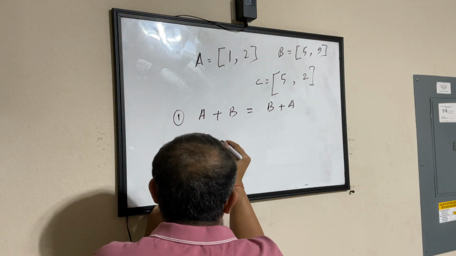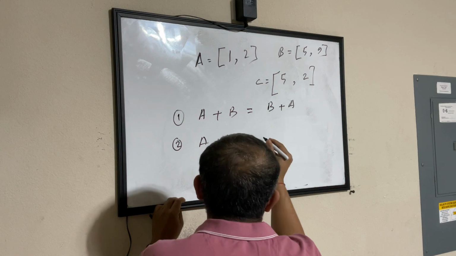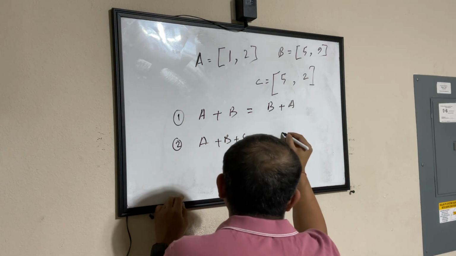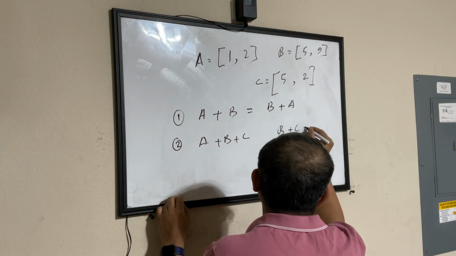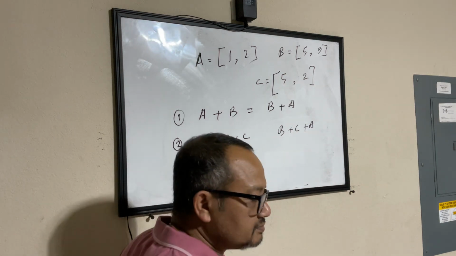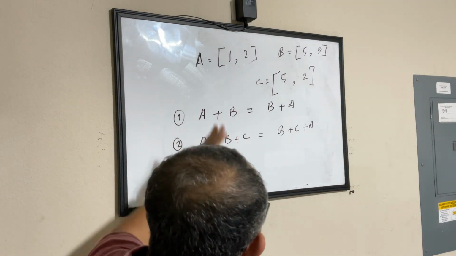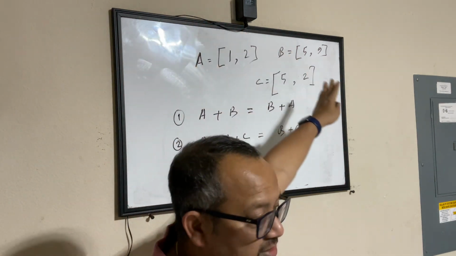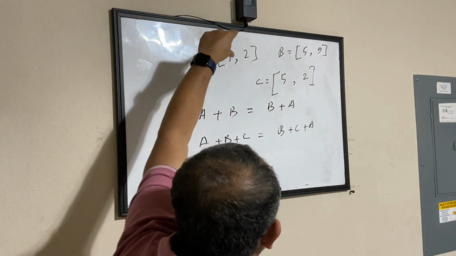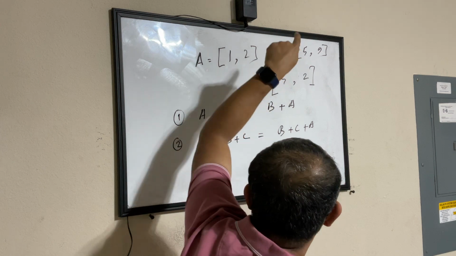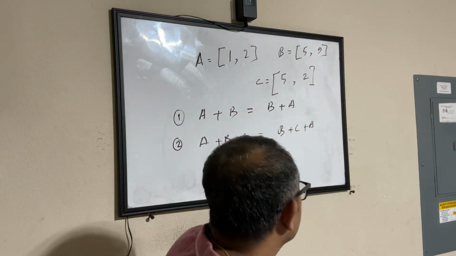Now let's look at this. If I say A plus B plus C and then say B plus C plus A, no matter, as long as the dimensions are matching, whether you are adding 1, 5, 5 or you are adding 5, 1, 5, your answer will be the same.